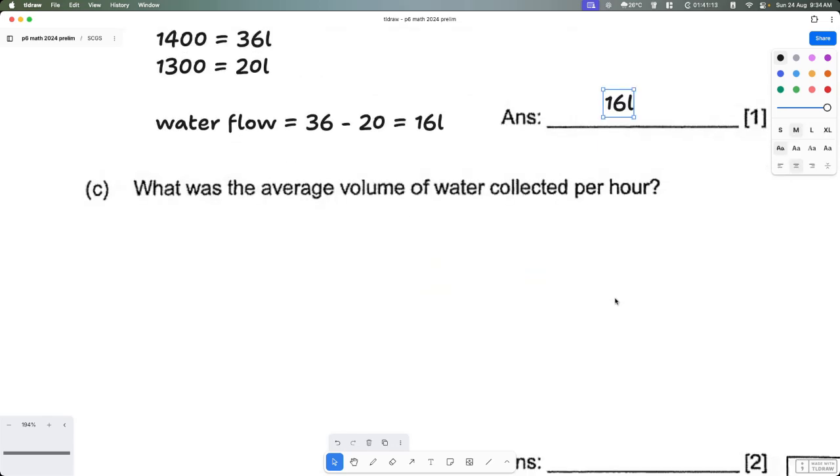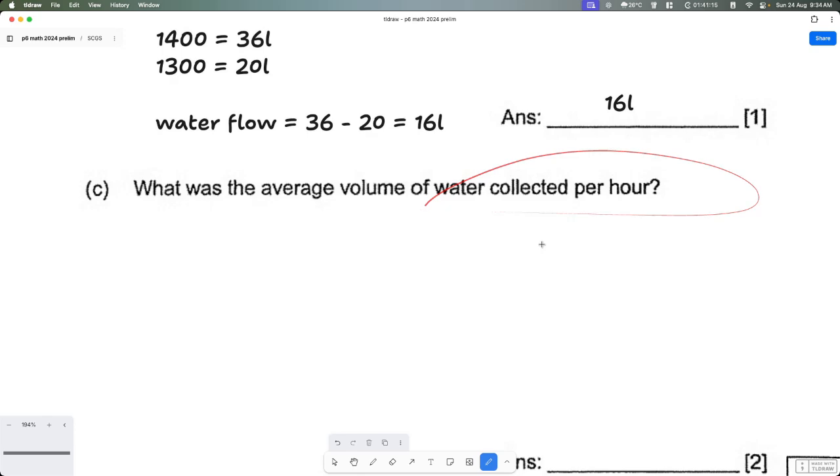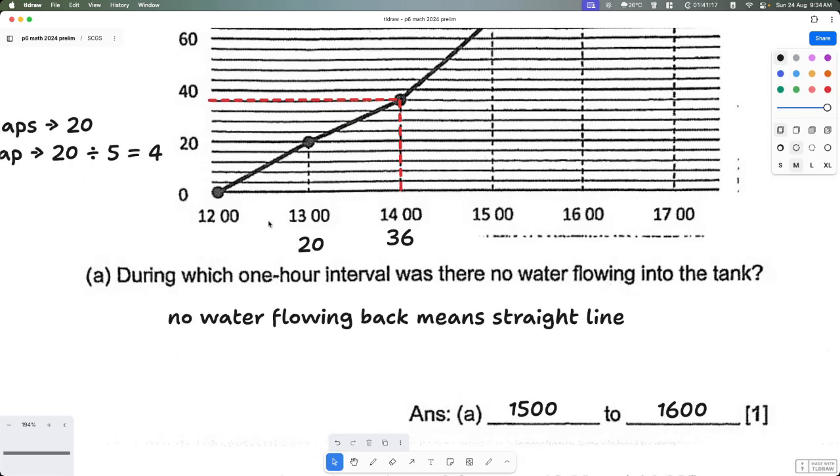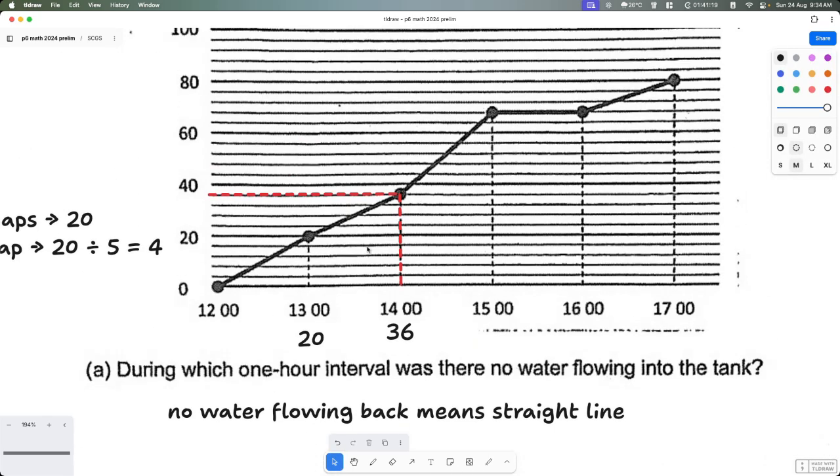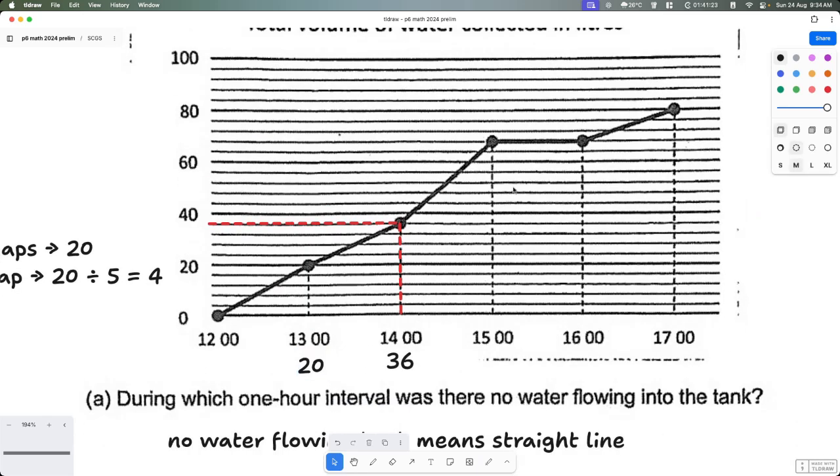Next one: what was the average volume of water collected per hour? We need to calculate the liters of water. So let's go for the 1500, let me put it here in red, and then this will be in the middle. So we know 60 is here, 64, 68. So this is 68.